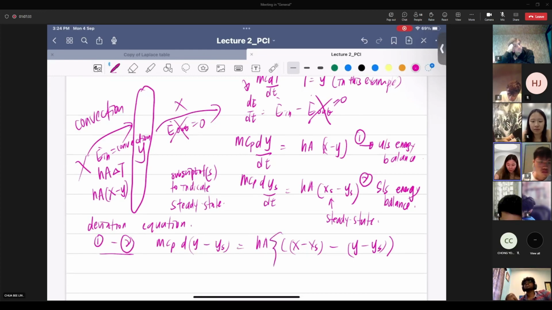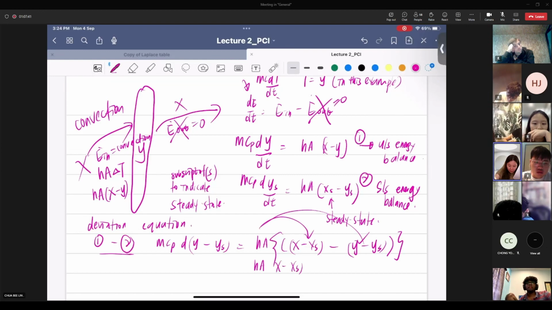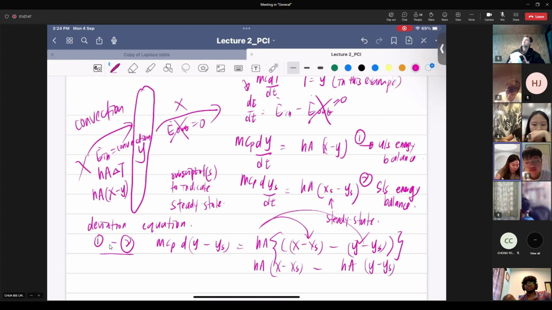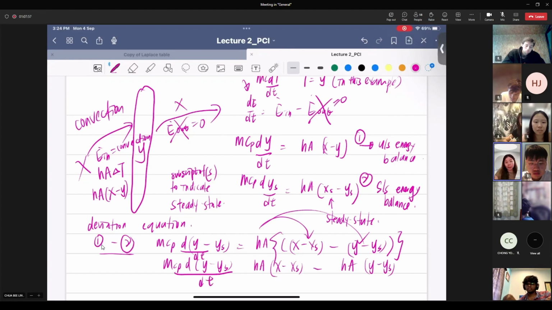When you expand this equation, you will get hA (X minus Xs) minus hA (Y minus Ys), equivalent to the same thing, mCp d(Y minus Ys), and don't forget the dt. So this is the deviation equation.